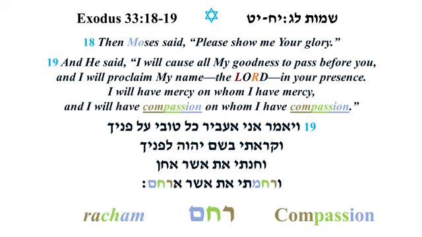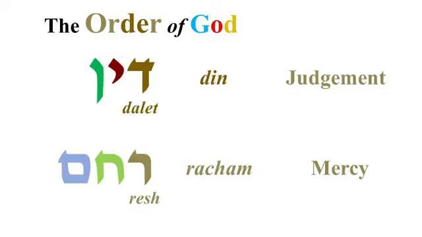I will have mercy on whom I have mercy, and I will have compassion on whom I have compassion. That word there, compassion, is Raham. So those 2 things are opposite, aren't they? You either have judgment or you have mercy. Very nice. And it's those 2 letters that begin those 2 words.